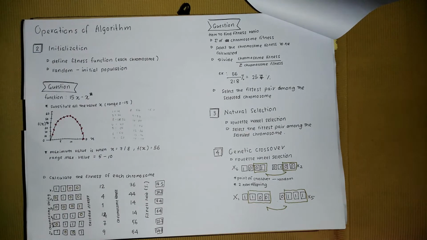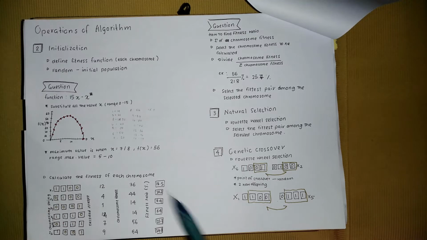This initialization is to find the maximum value. Here the maximum value is x equal to 7 and 8, which results in f(x) equal to 56, which means the fitness is equal to 56.